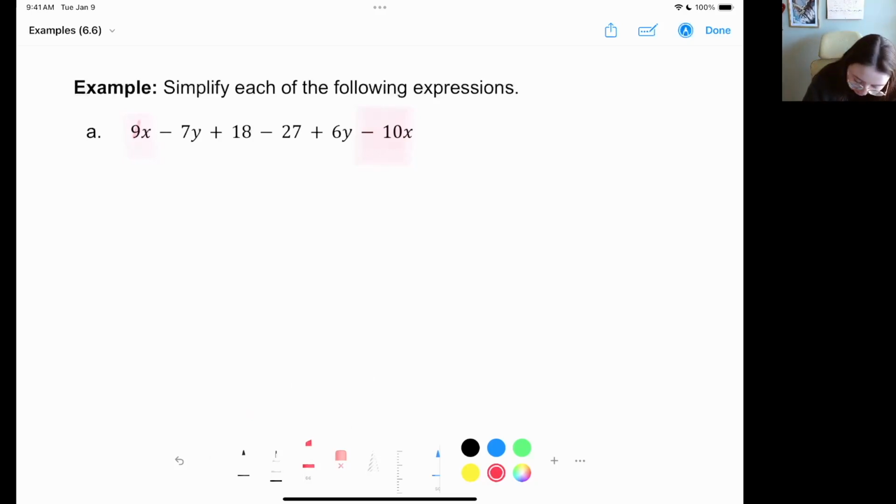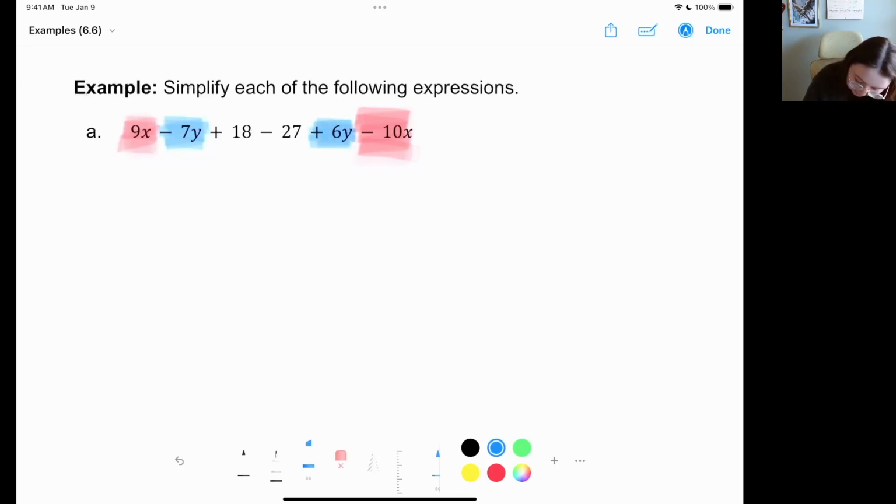So we have our like terms, we have positive 9x and negative 10x. Those are like terms. So now we can do the same thing. Now we can go on to y. So we have a negative 7y here. So we go down the list, we have 18, negative 27, and plus 6y.